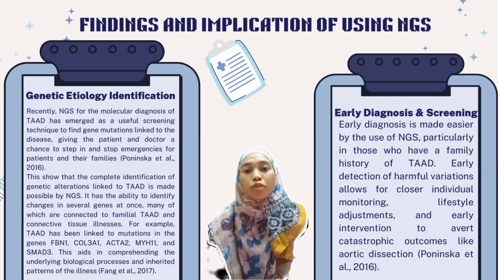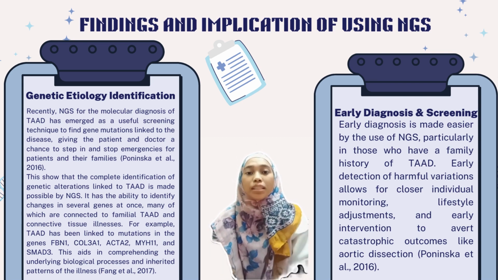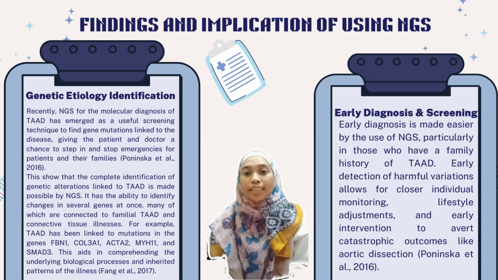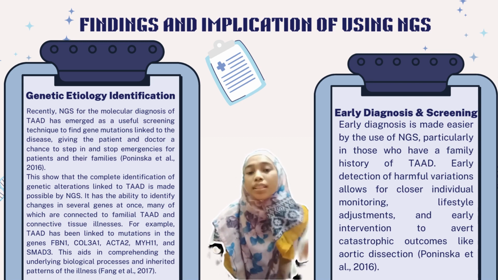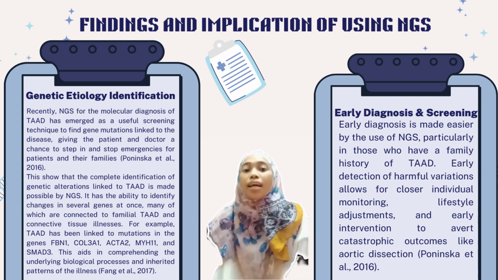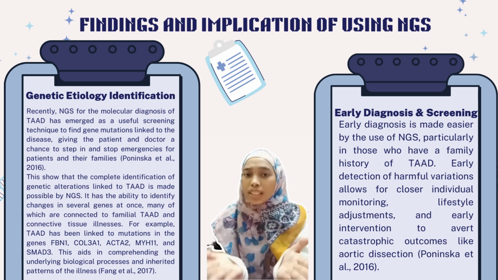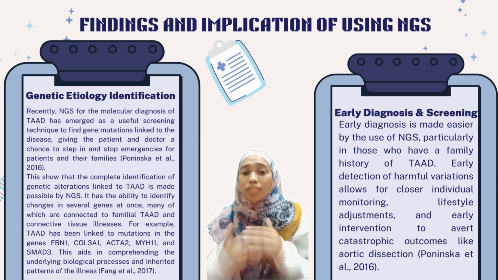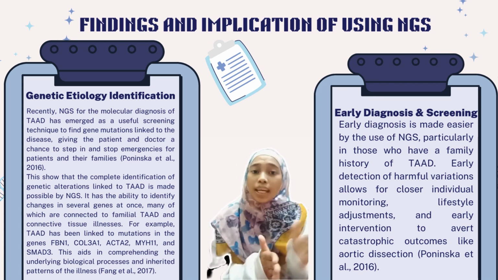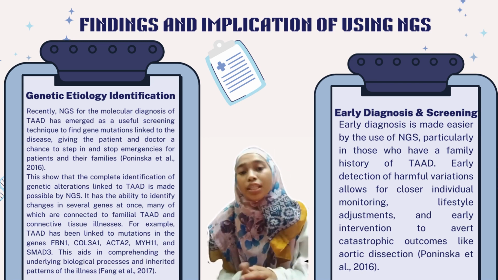Recently, NGS for the molecular diagnosis of TAAD has emerged as a useful screening technique to find gene mutations linked to the disease, giving the patient and doctor a chance to step in and stop emergencies for patients and their family. This shows that the complete identification of genetic alterations linked to TAAD is made possible by NGS.